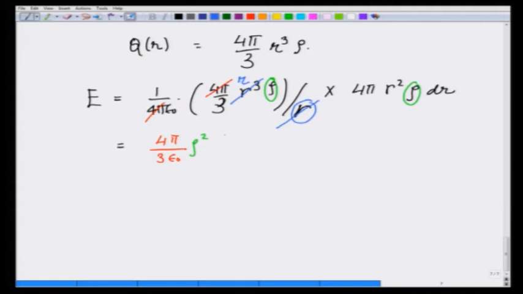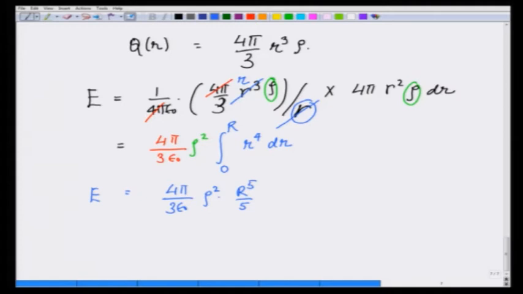So, I am left with integration of 0 to capital R, because that is up to which the charge has been assembled, r raised to 4 dr, which gives me an answer 4 pi by 3 epsilon 0 rho square times R raised to 5 by 5. That is the answer.